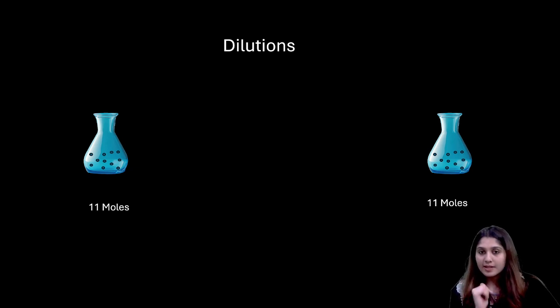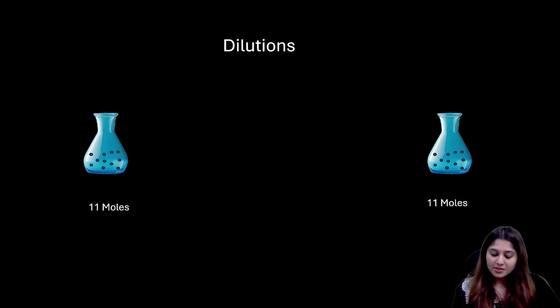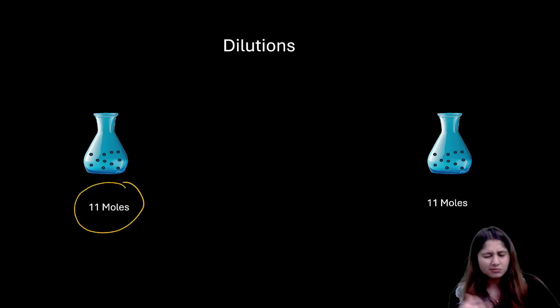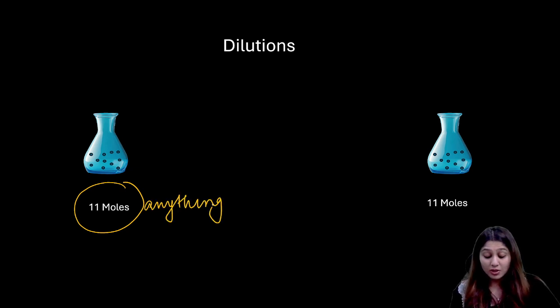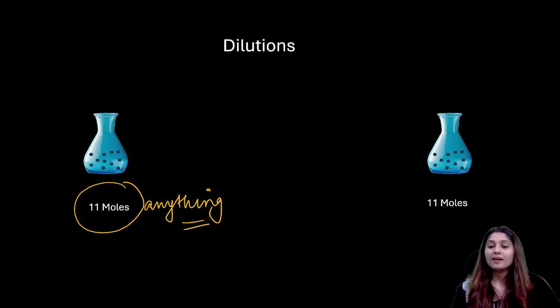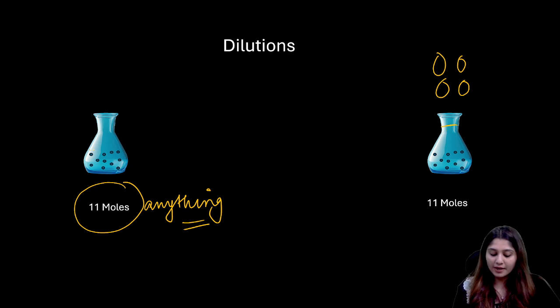So let's try to understand this picture right here. On the left hand side we have a jar in which we have 11 moles of anything, I'm actually writing anything here. Now we want to add a little water to dilute this, so we just keep on adding water, and now we have more water. Initially we had this much water, now we have this much water, okay.